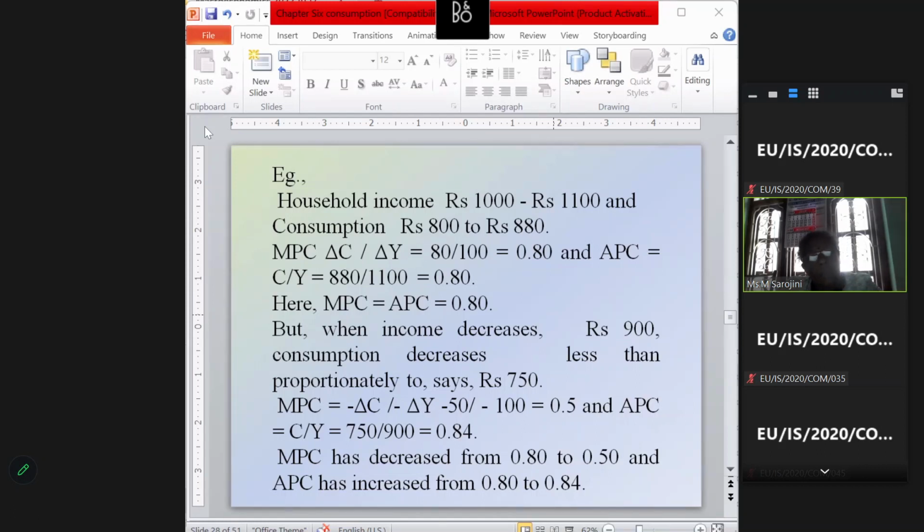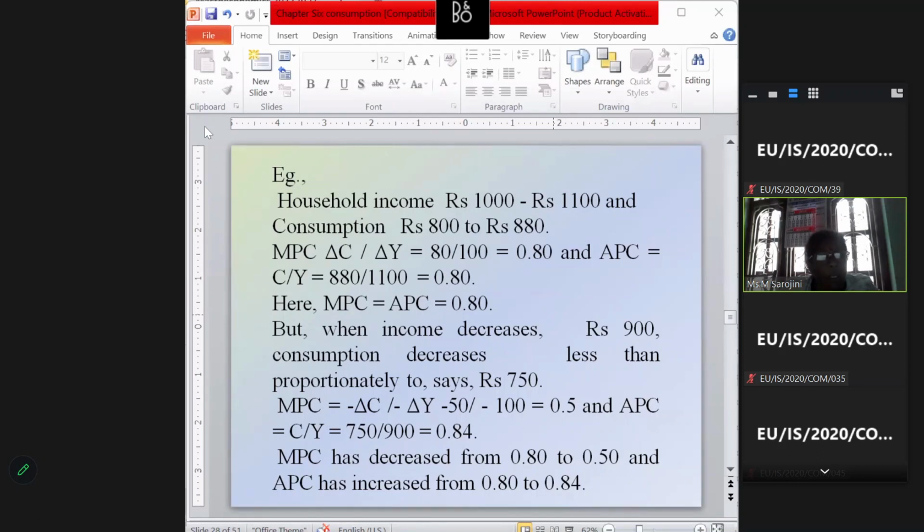Previously, when income increased, consumption also increased, and at that time the MPC was equal to 0.8. After decreasing the income, the MPC, marginal propensity to consume, is equal to 0.5. Therefore, the MPC has decreased from 0.8 to 0.5 and APC rises from 0.8 to 0.84.